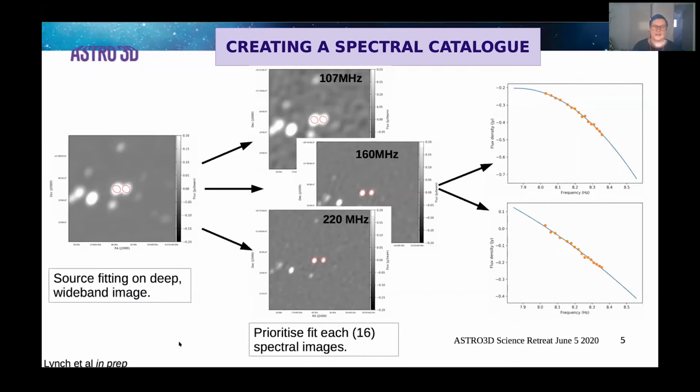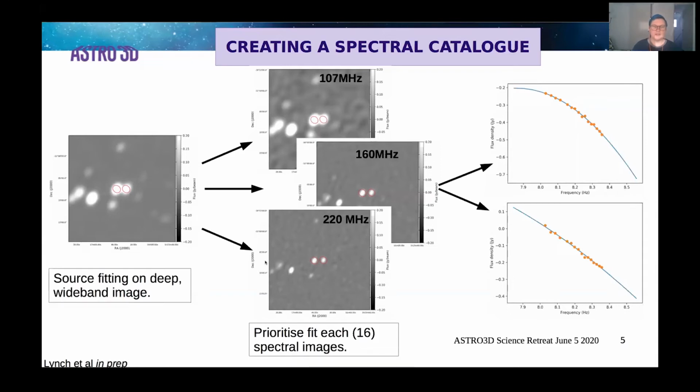This achieves the highest sensitivity for the survey. So you can detect faint point sources, but also detect a lot of faint extended emission around these complex sources in the field. So I do source finding on this deep image and then do what's called a prioritized fit on each of the spectral images.